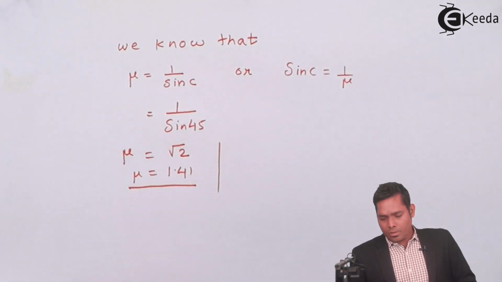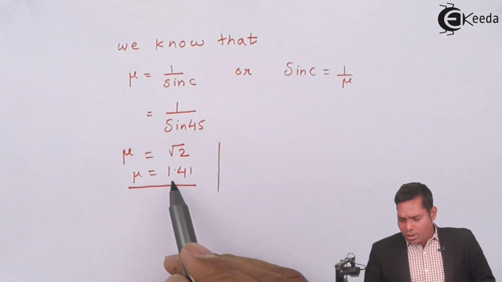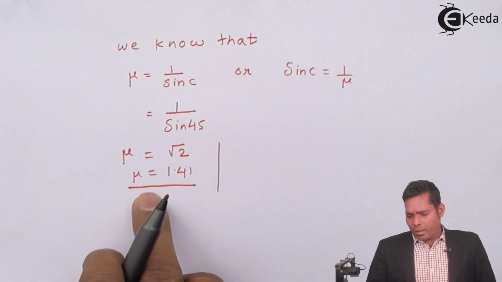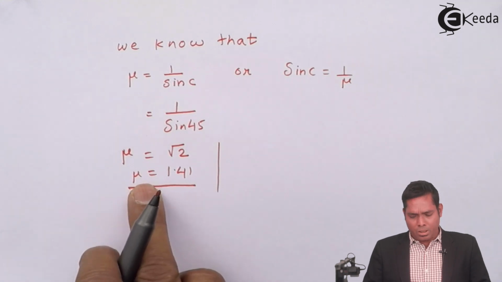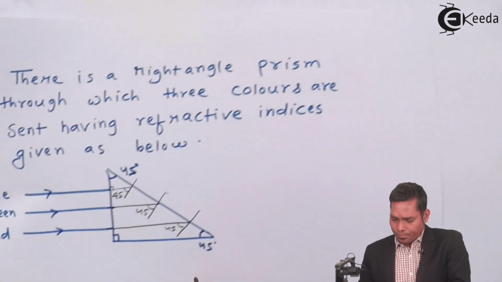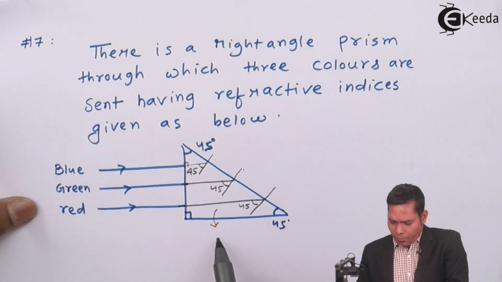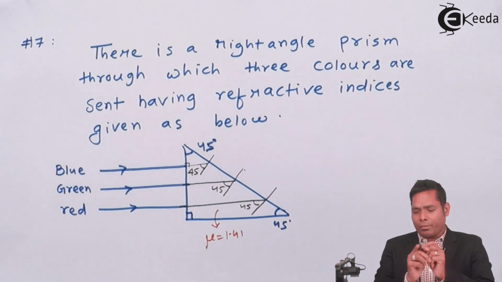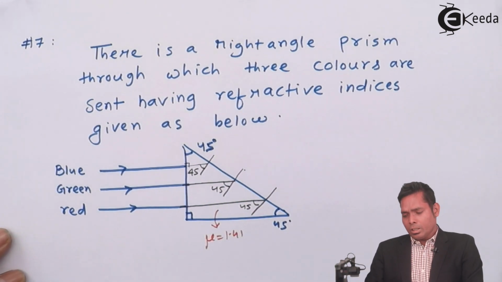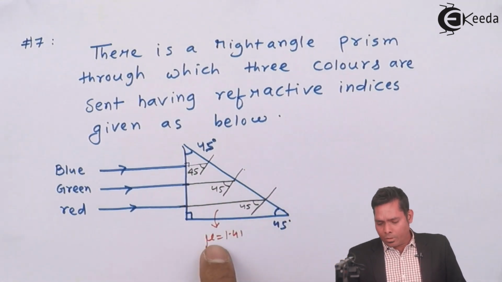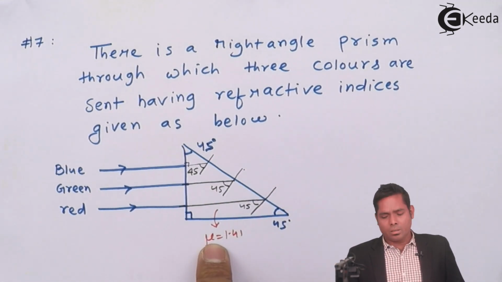That means at this refractive index, if this material has refractive index 1.41, it will have critical angle of 45 degree. So I consider that this prism has refractive index 1.41.